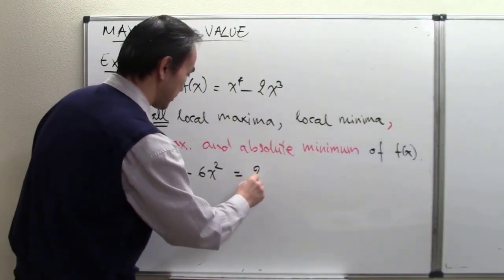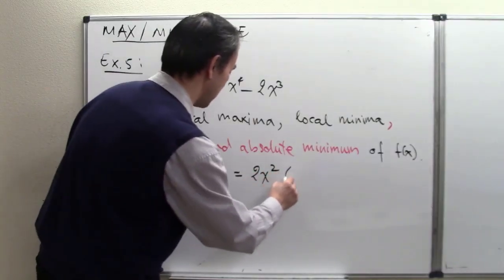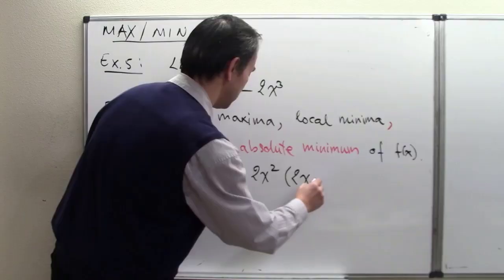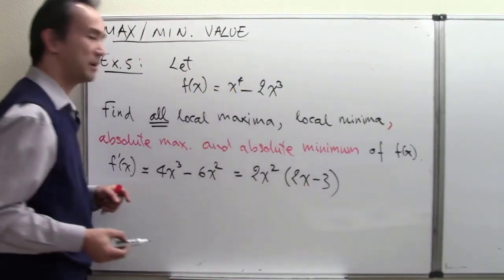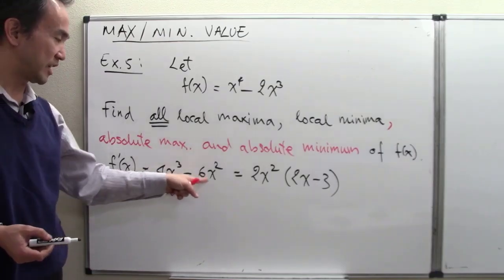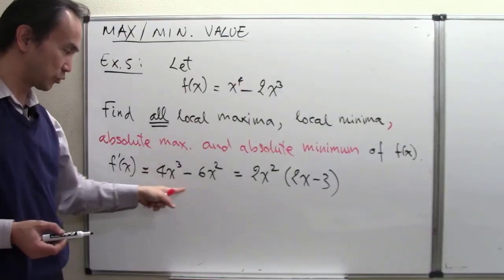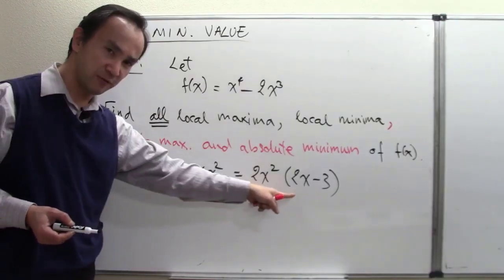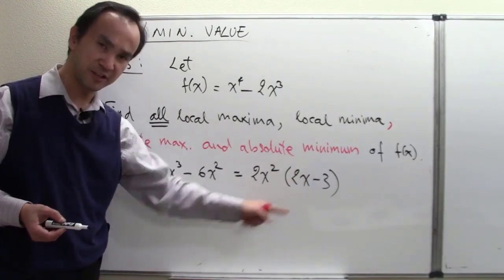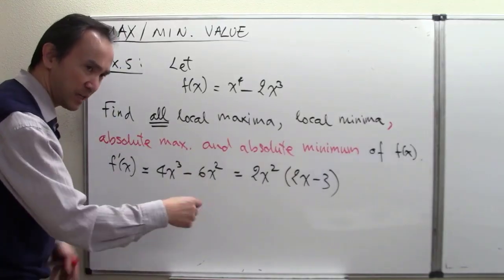I can factor out 2x squared, making 2x minus 3 the other factor. The function was x to the 4th minus 2x cubed, and the derivative came down to this. I decided, for a good purpose later on, to factor that out, and so we're on our way to find the critical values.